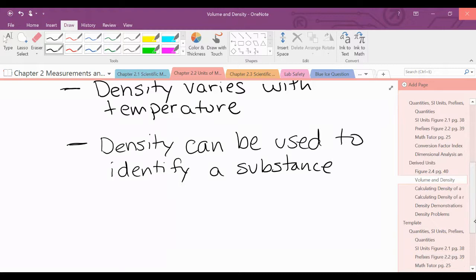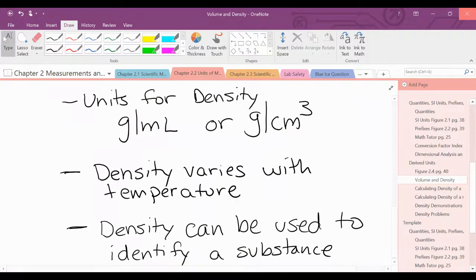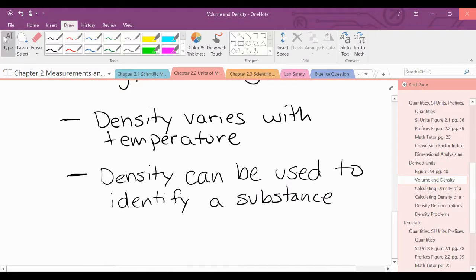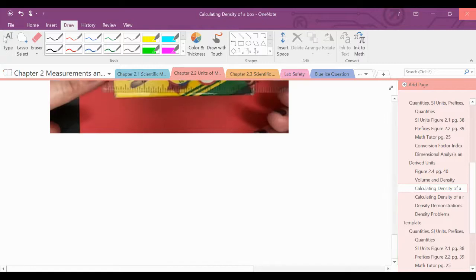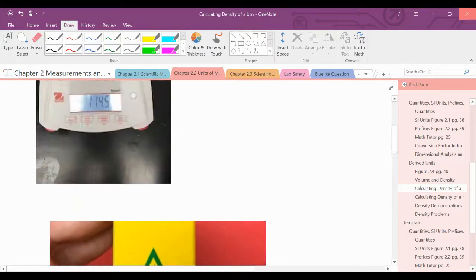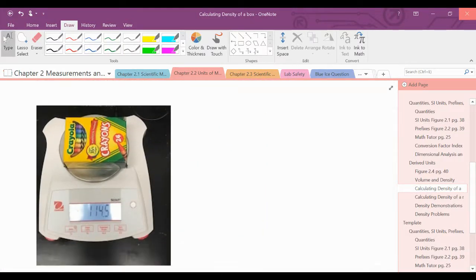So what we're going to do now, we know that we just looked at how the density is mass divided by volume. And I want to show you how to calculate the density of a few objects. The first is a box. So I have a box of crowns and I put it on the scale.